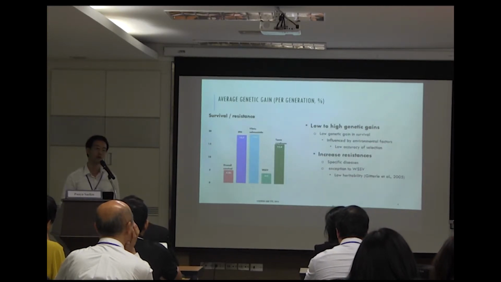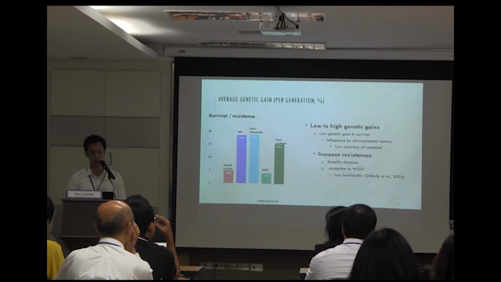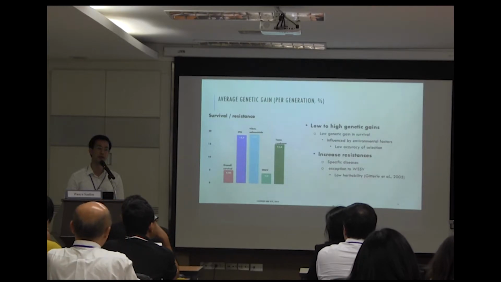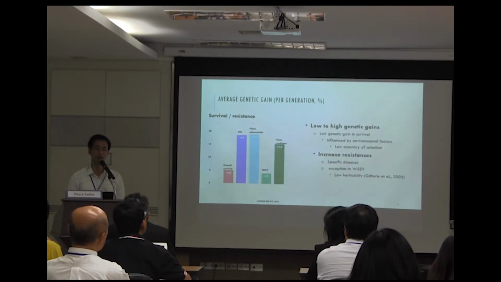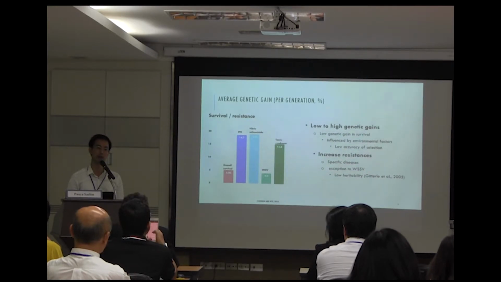But unfortunately, it's not the same story for overall survival and disease resistance. Some of the disease resistance genetic gain is quite high, but for example, for WSV, the genetic gain is quite low per generation. And the reason is the heritability is very low for this strain.